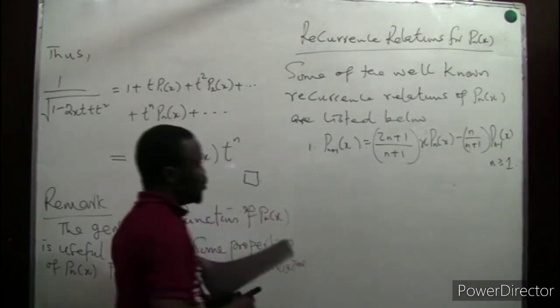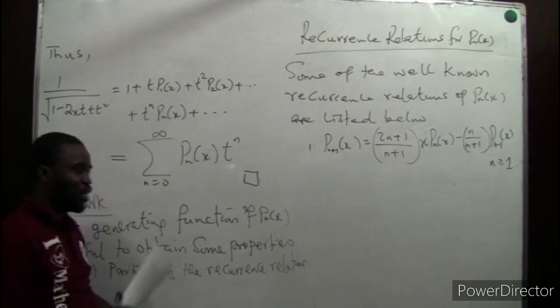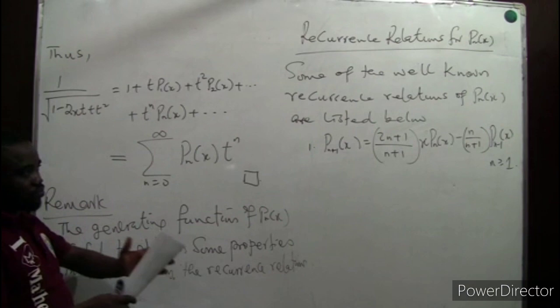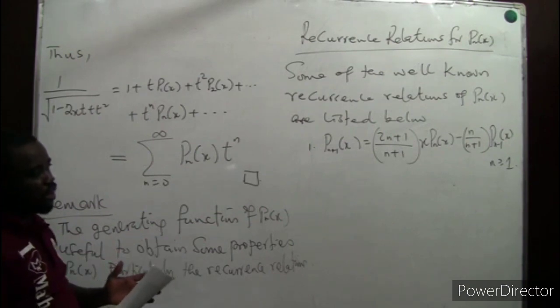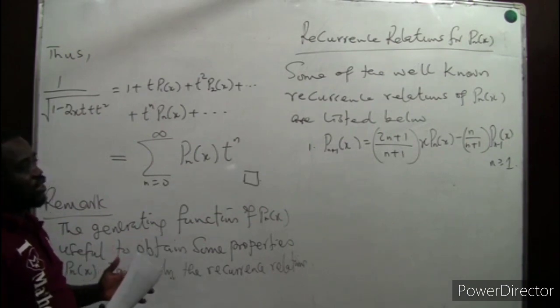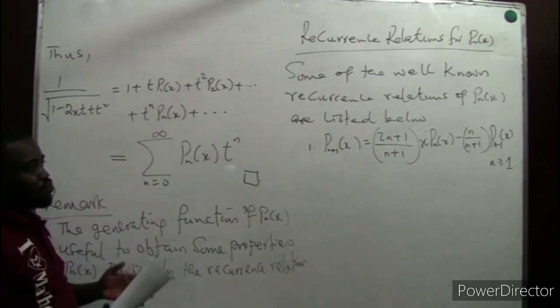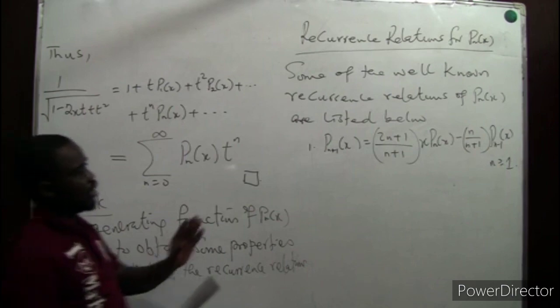Let me quickly say something about the first one. Like I told you earlier in the class, using the definition of the Legendre polynomial of the first kind to generate all the needed polynomials may prove a bit tedious.